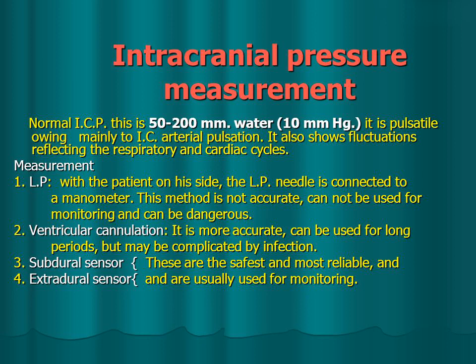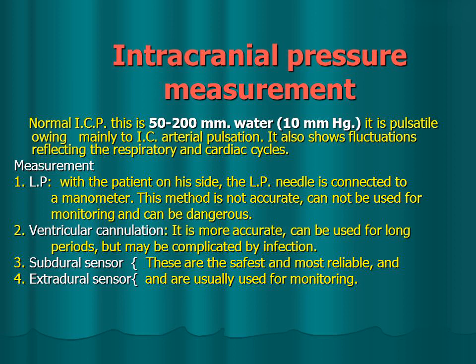Intracranial pressure measurement. Normal ICP is 50 to 200 mm water, 10 mm Hg. It is pulsatile, owing mainly to intracranial arterial pulsation. It also shows fluctuations reflecting the respiratory and cardiac cycles. Measurement: 1. LP. With the patient on his side, the LP needle is connected to a manometer.